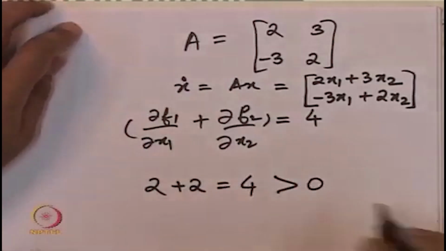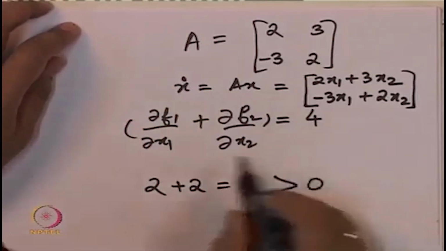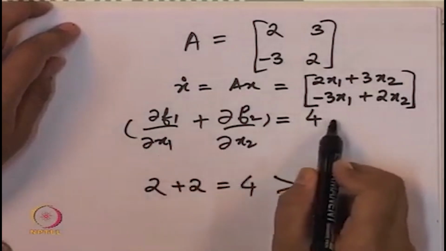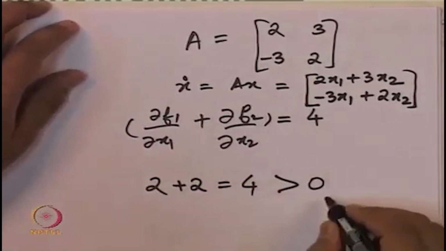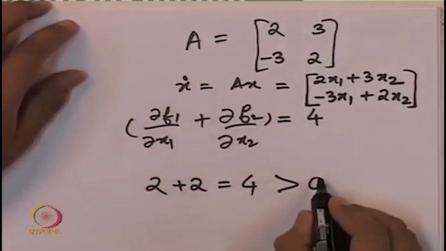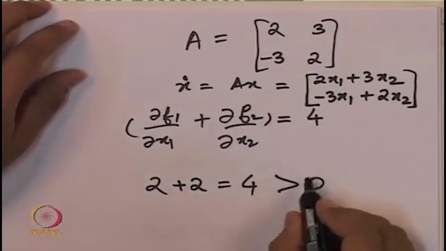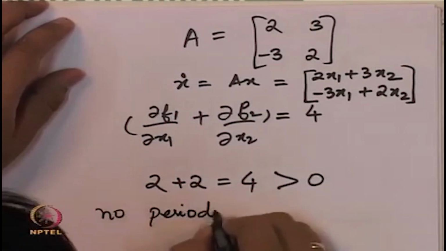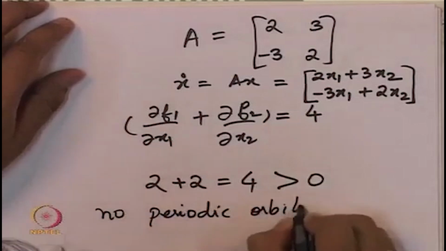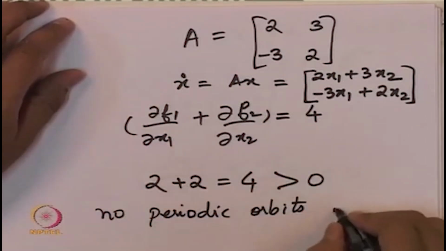This is greater than 0 and it is independent of x1, x2. For linear systems, we expect that this will not depend on x1, x2, and it is indeed independent. Since it is greater than 0 for all x1, x2, we get that there are no periodic orbits in R2.